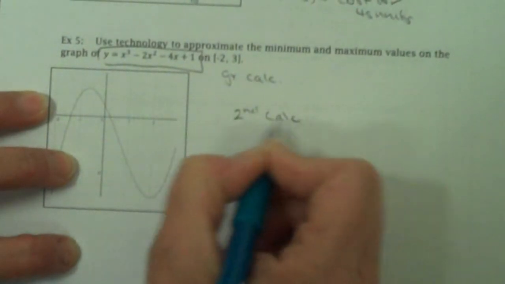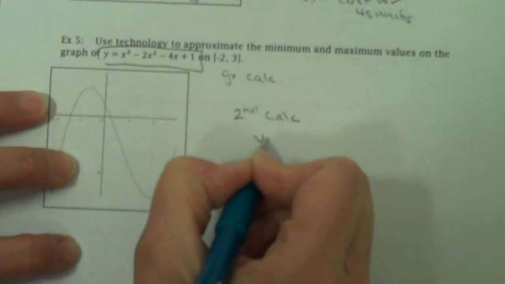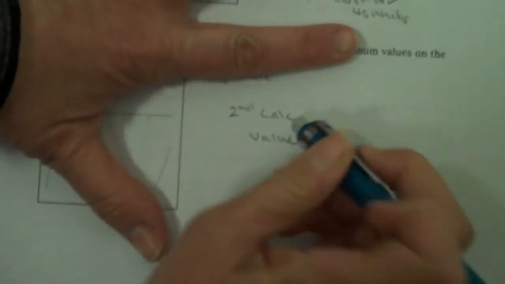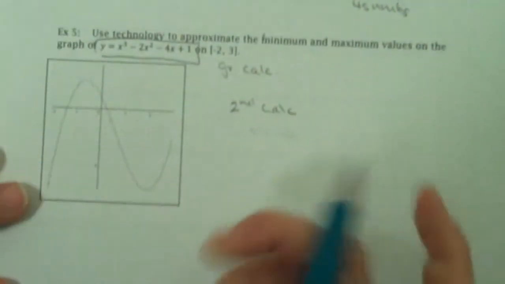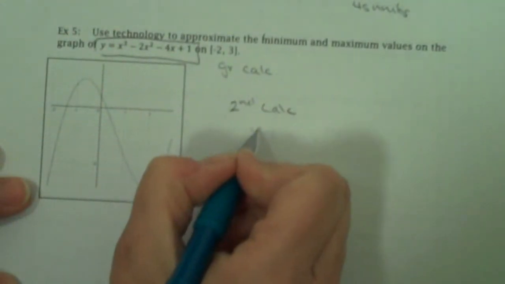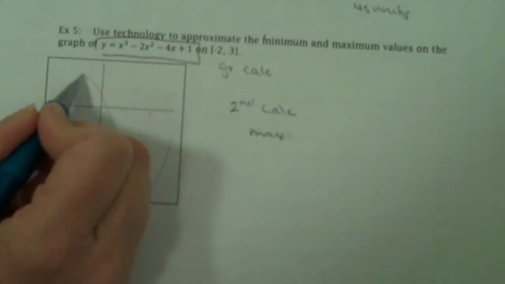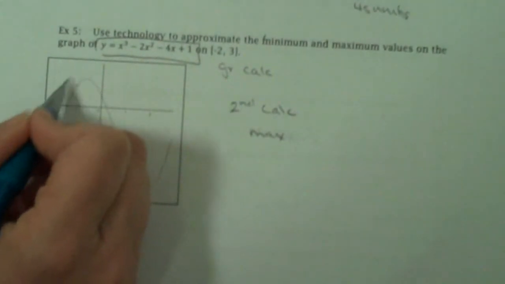And after you go to second calc, you'll have choices. And the choice you want to pick is minimum or maximum. Second calc, and then max. And we can see right here that it looks like there's a maximum here.